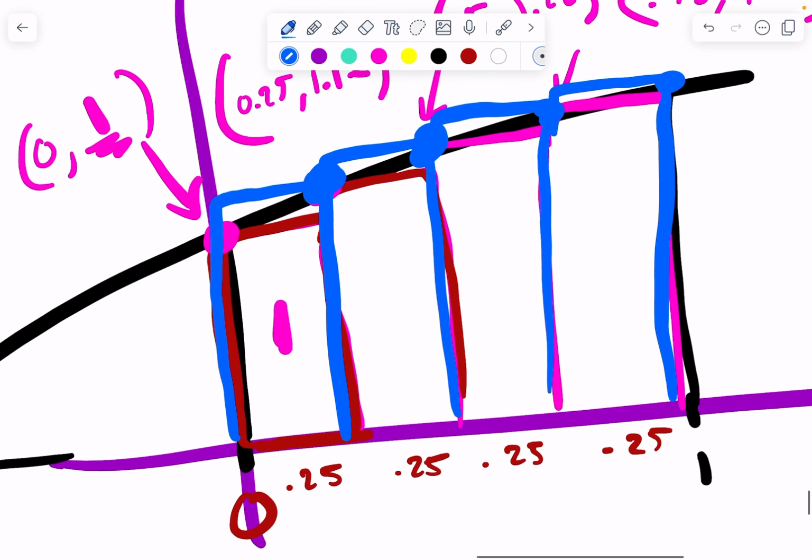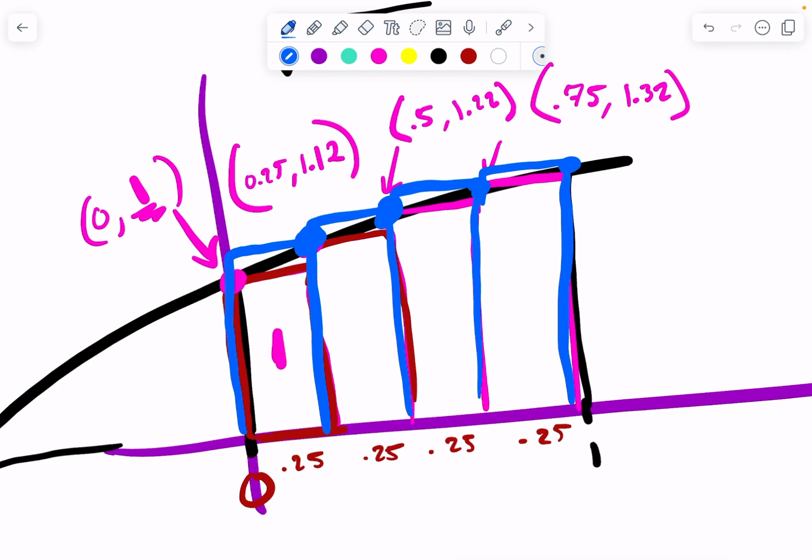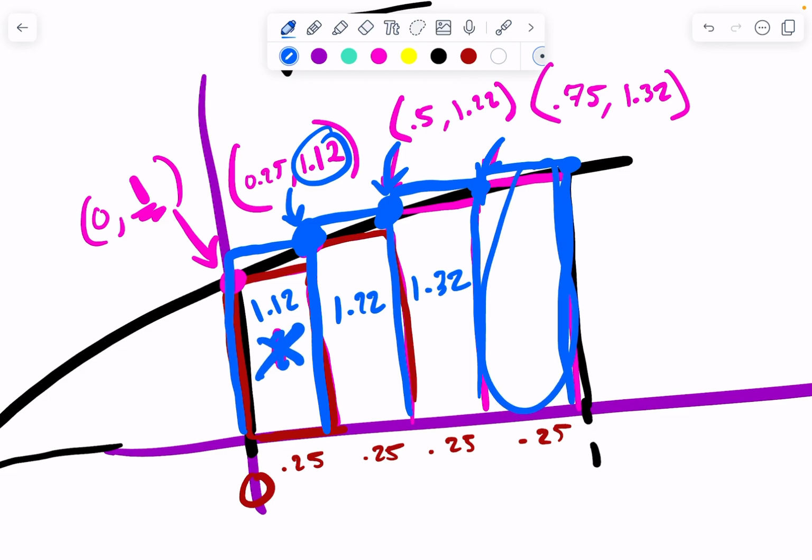Now, the deal here is, this first tower now is as tall as the second tower was previously. So instead of this first tower being 1, he is 1.12, because that's the height of this dot right here. This dot makes that second tower 1.22. This third tower is now 1.32.